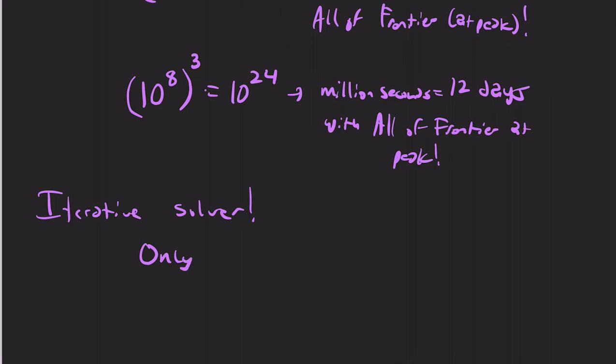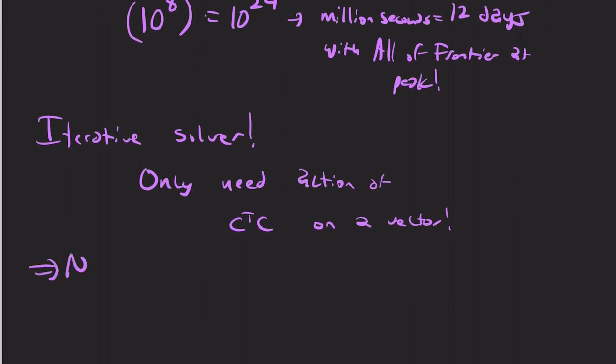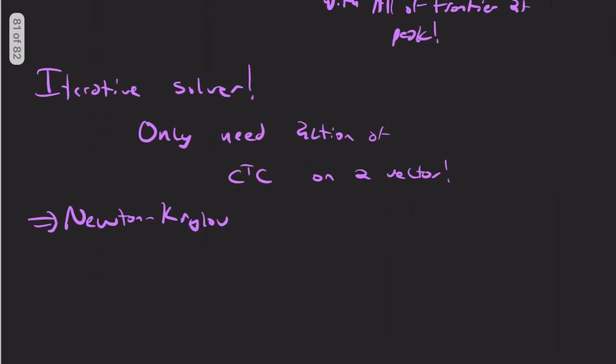we only need the action of C transpose C on a vector. Okay, so this is why we wanted Newton-Krylov. And in order to compute the action, we solve, right?